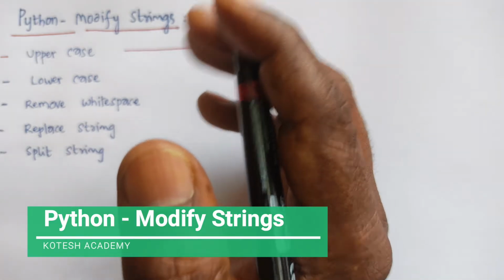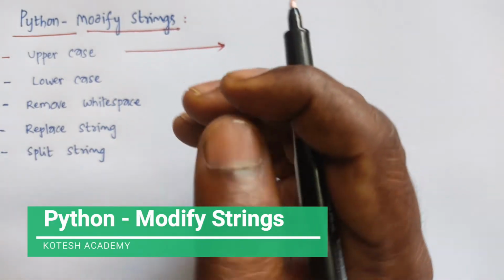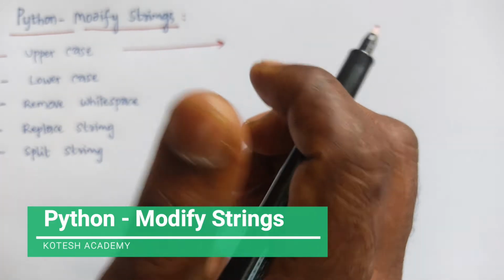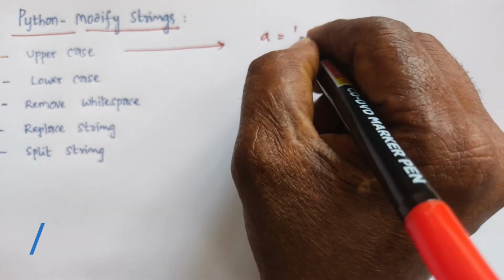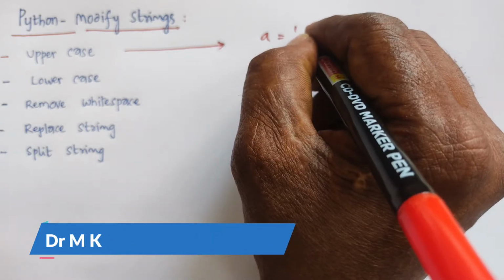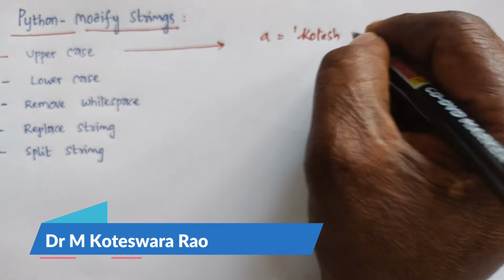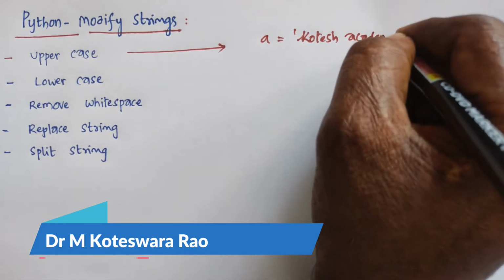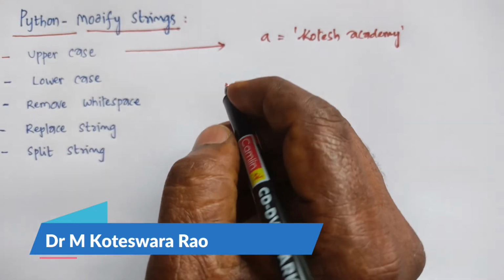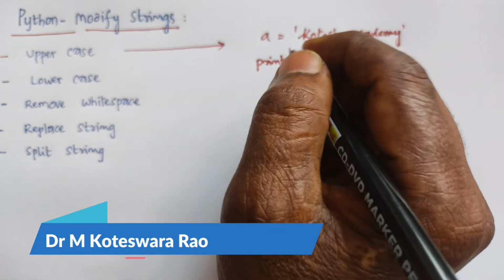You have to convert from lowercase to uppercase, and that's why you have some built-in methods. For example, take a value here, small k o t e s h academy, all small letters. Now I have to convert from lowercase to uppercase.